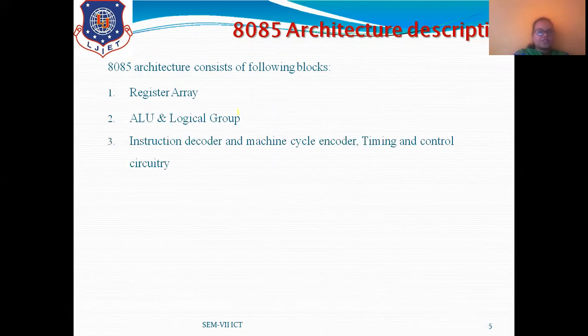Third, that is instruction decoder and machine cycle encoder and timing and control circuitry. Fourth, that is interrupt control group, and fifth, that is IO control group, right? So these 5 groups will be explained one by one in the session, right? So first in today's session we are going to start with register array.